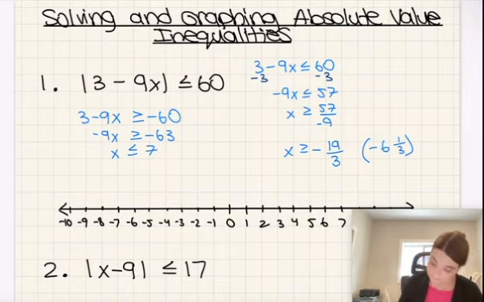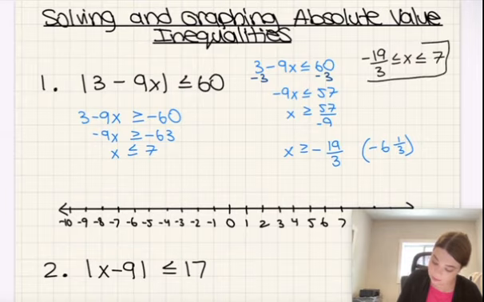So therefore, less than or equal to 7. So my overall answer is going to be that x must be in between negative 19 over 3 and 7, right? That's the overall answer.